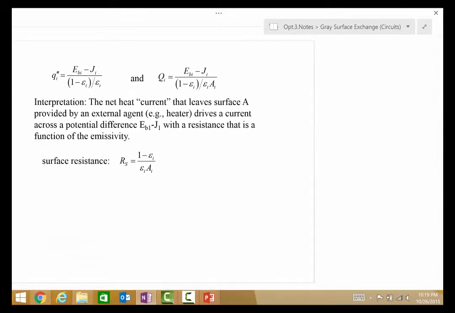So the interpretation is the net heat flux, the net heat current that leaves surface A provided by an external agent, for example a heater, drives a current across a potential difference Eb1 minus J1 with a resistance that's a function of the emissivity. And so this is very, very powerful, and this completes the problem for us in many respects.